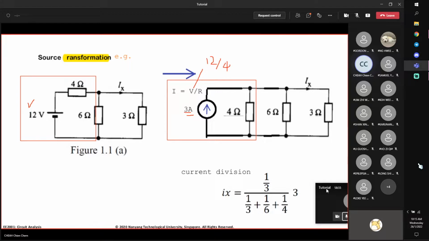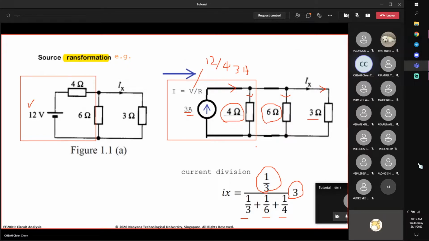And remember current division law, if I'm interested in this current, which is Ix, then I take the conductance of that branch, 1 over 3, divided by the total conductance, 1 over 6, 1 over 4, 1 over 3, multiplied by the inflow, 3 ampere. This means that the 3 ampere is split, right, according to the ratio of the conductance. And you can check that this answer will be the same as what you have obtained in last week's tutorial.